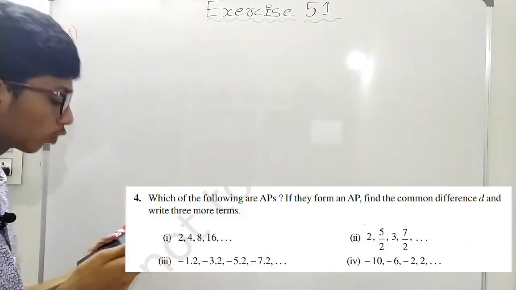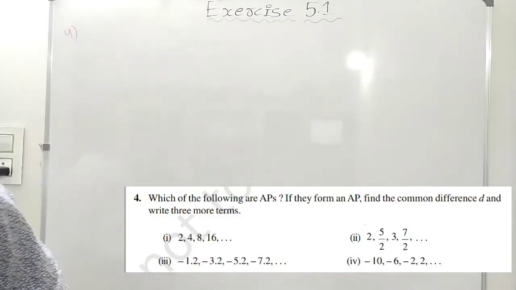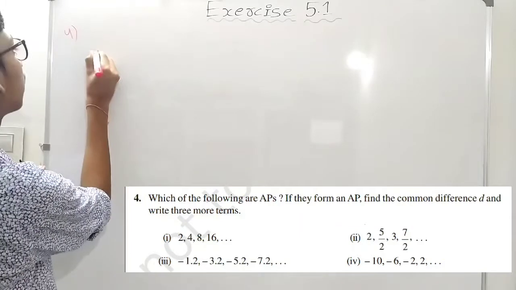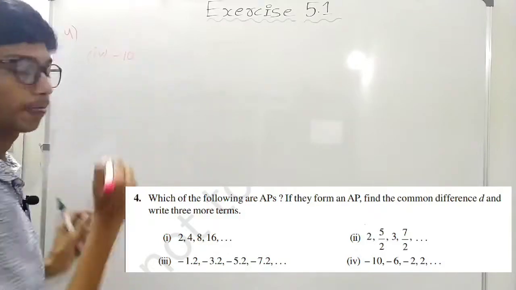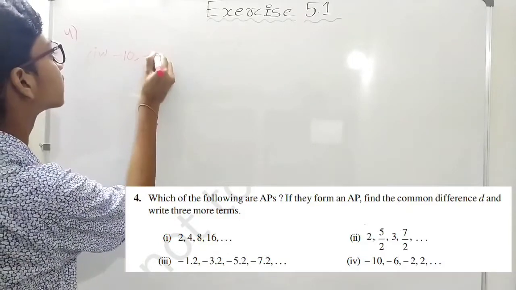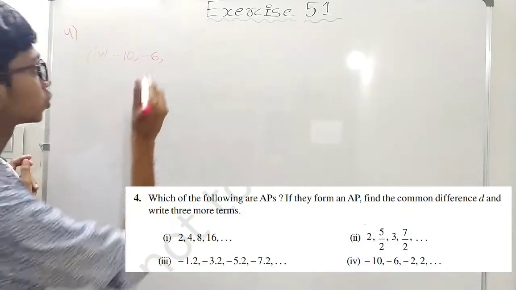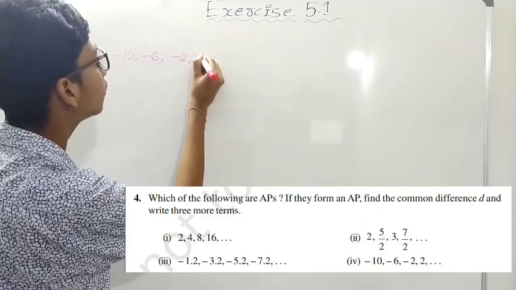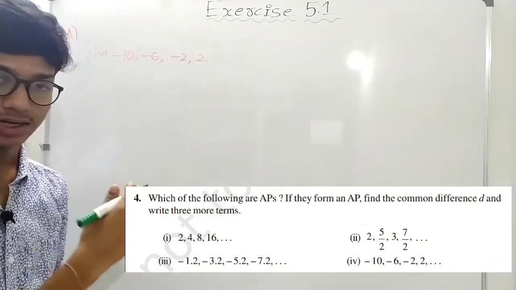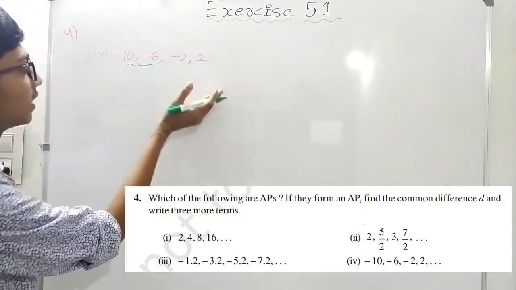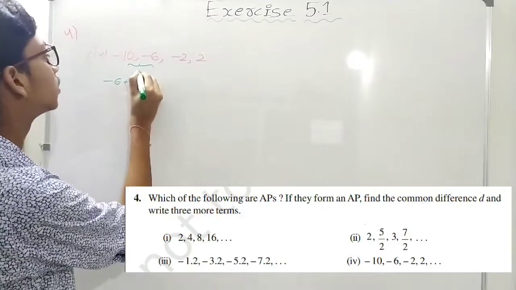The next question, fourth part, is minus 10, minus 6, minus 2, 2. Fourth part of the fourth question is minus 10, minus 6, minus 2 and plus 2. Now again, to check that it is in arithmetic progression, the difference: minus 6 minus of minus 10, that is plus 10, then the difference is 4.